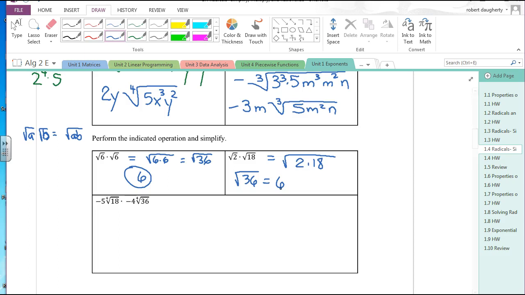Okay, so just by multiplying what's under the radical, I got a perfect square in that case. Okay, if you didn't see that trick, you could write this as the square root of 2 times the square root of 2 times 9, right? How does this simplify?